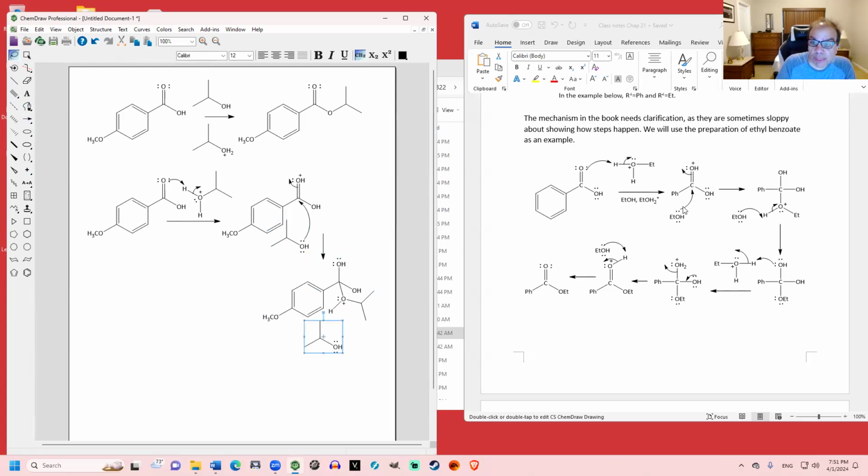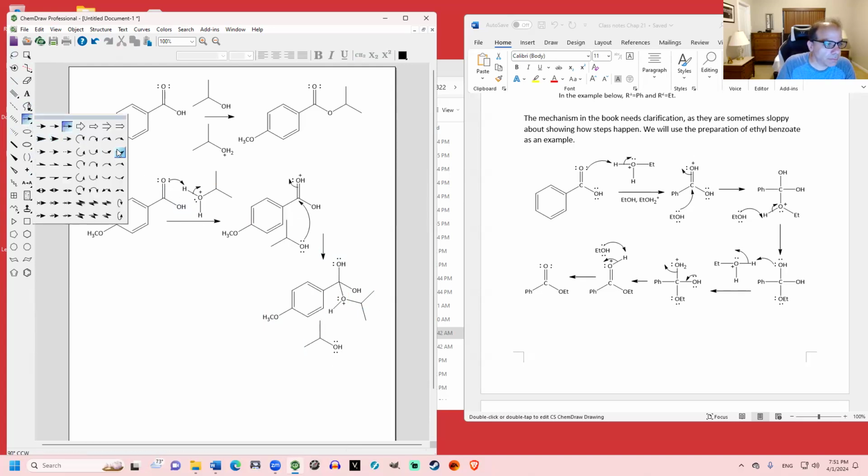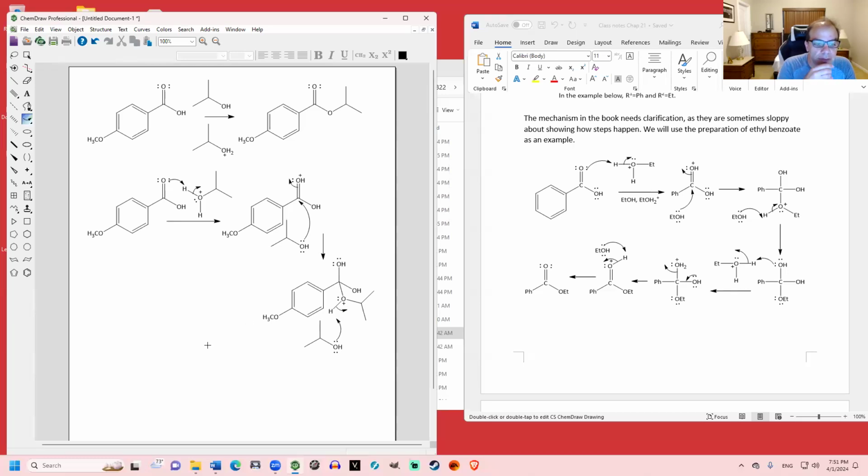It was ethanol in this mechanism. Here it's isopropanol. So the alcohol is the most alkaline species. Notice that if instead of OH here, I'd written O minus, that would be wrong.